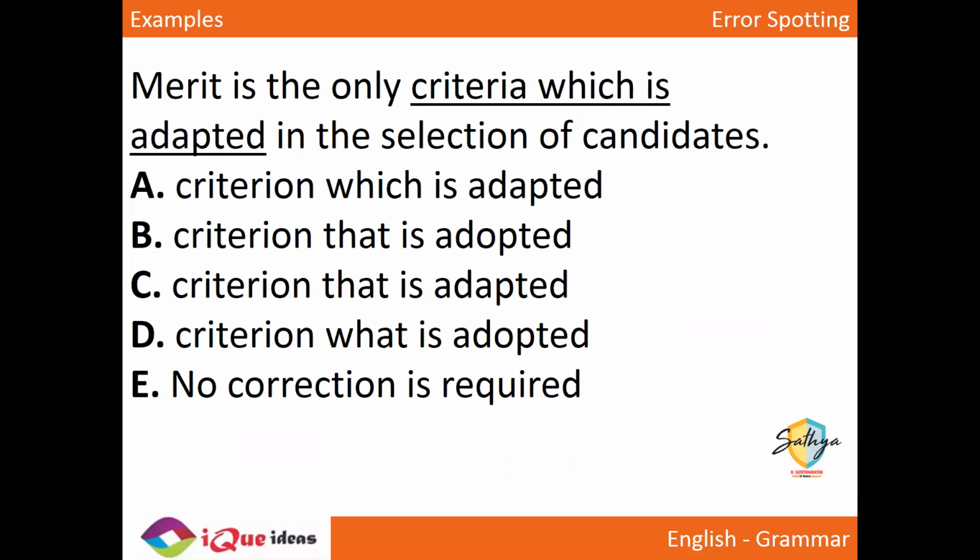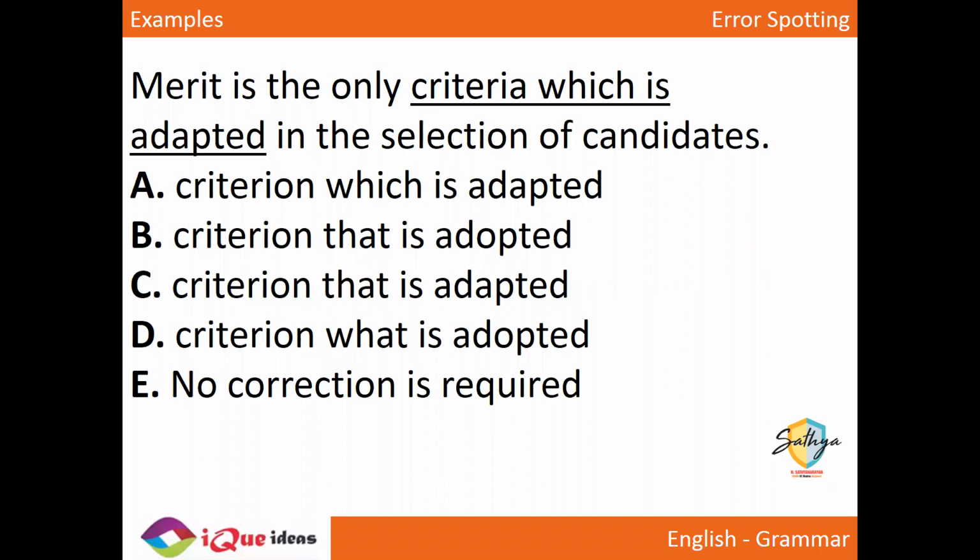The word adapted means modified or changed, right? And when you're selecting candidates, you don't change merit as the only criteria. You use it. To use something, to take, is to adopt something. So merit is the only criteria that is adopted in the selection. Adopted means used. Adapted means changed.